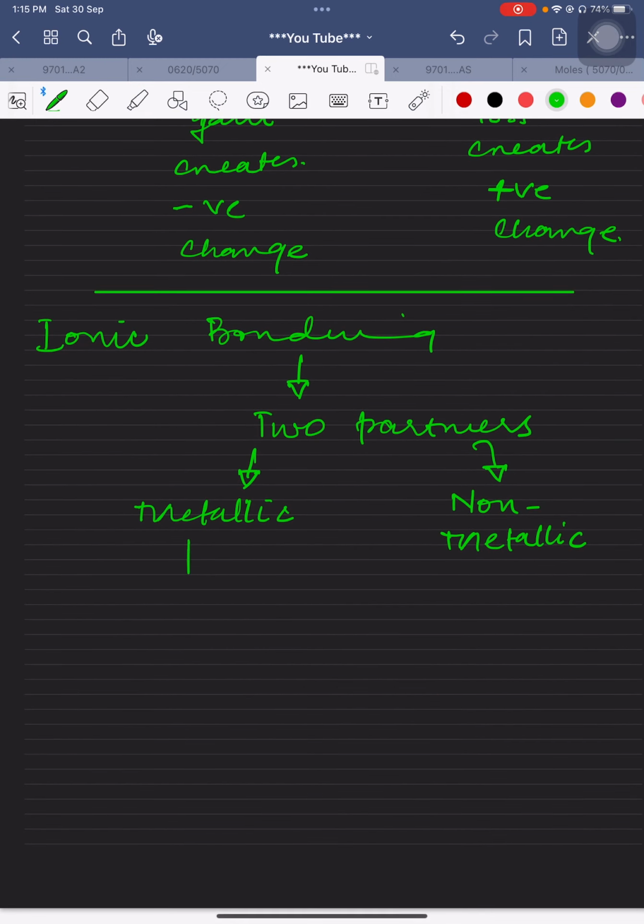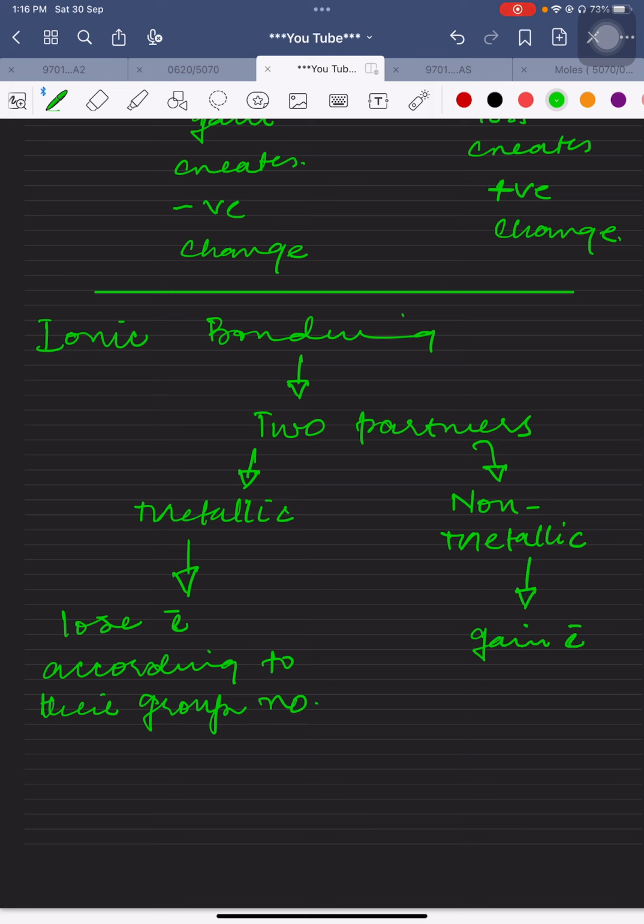Metallic partners lose electrons according to their group number. Non-metallic partners gain electrons according to their group number.